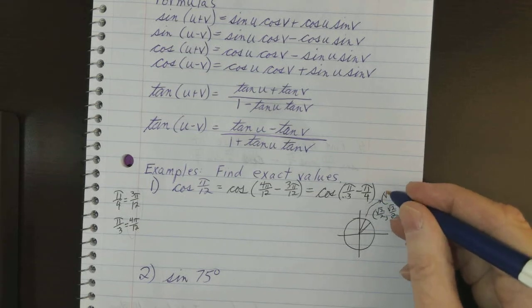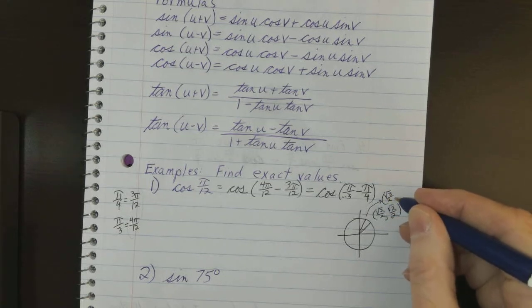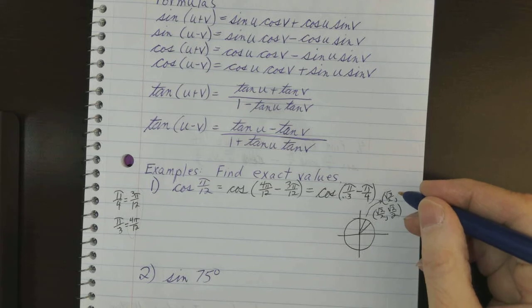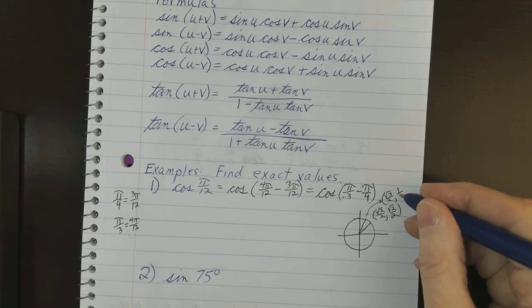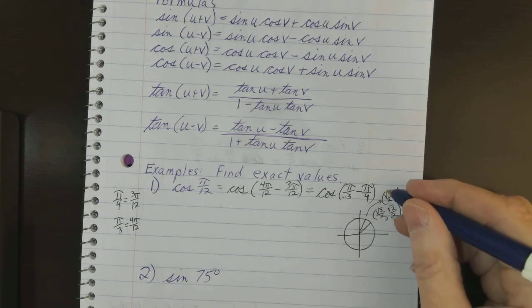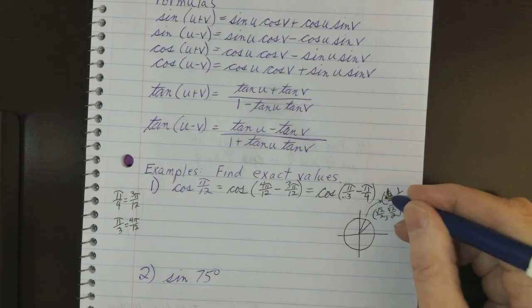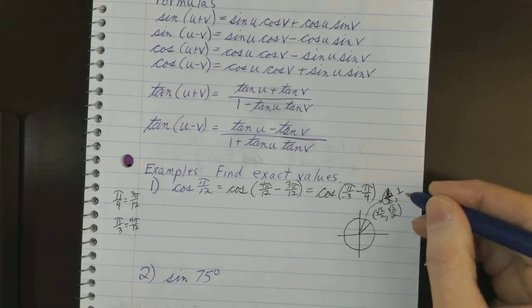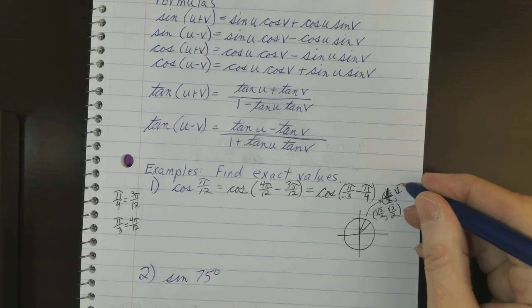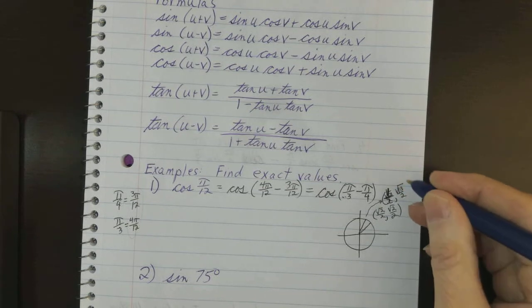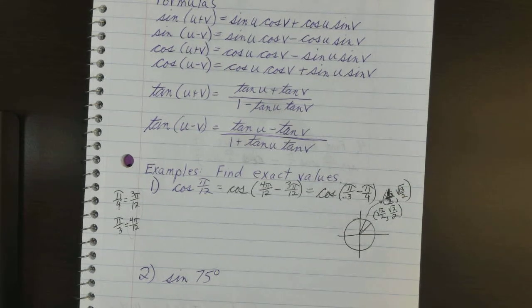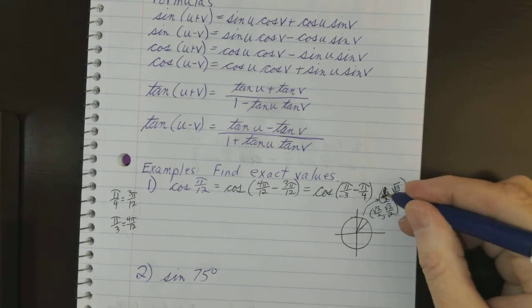That cosine is, I'm backwards here, the cosine is 1/2, and the sine is square root of 3 over 2.